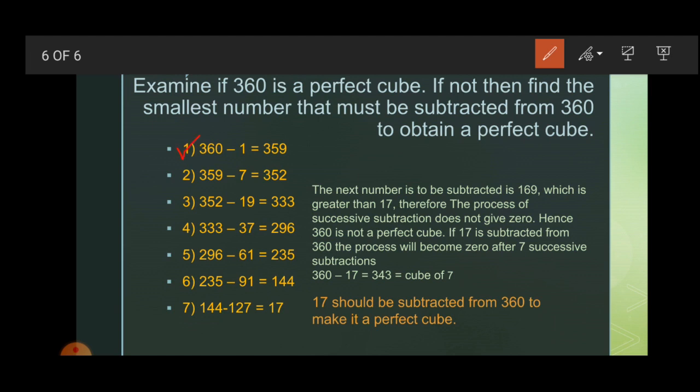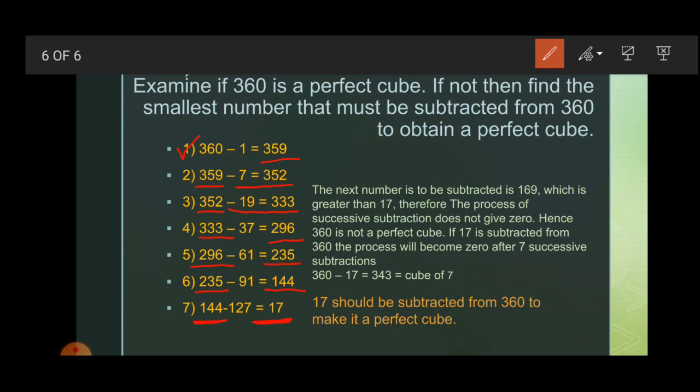First, from 360 subtract 1, we get 359. 359 minus 7 is 352. 352 minus 19 is 333. 333 minus 37 is 296. 296 minus 61 is 235. 235 minus 91 is 144. 144 minus 127 is 17.